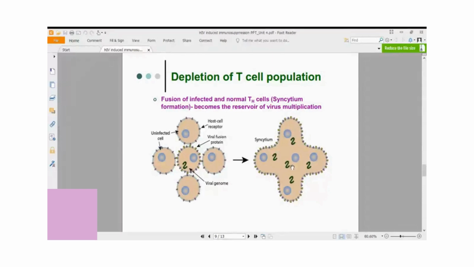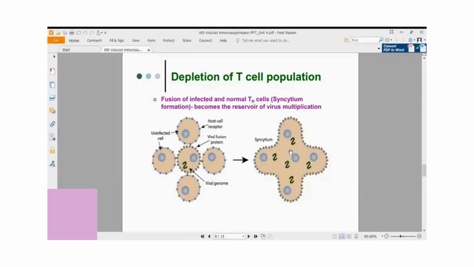It is not going to undergo proliferation. It will not show mitosis. It will be just a reservoir for the viral genome to multiply, and the virus will emerge from that syncytium.